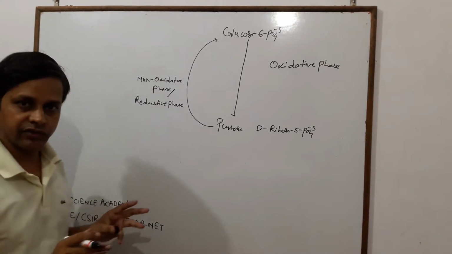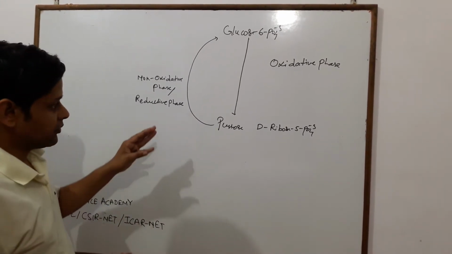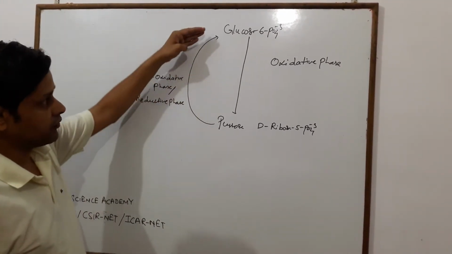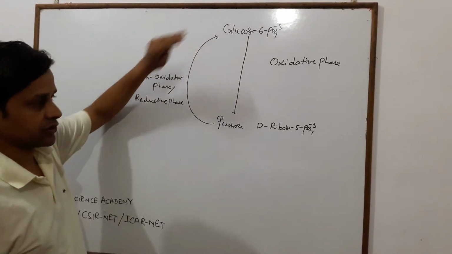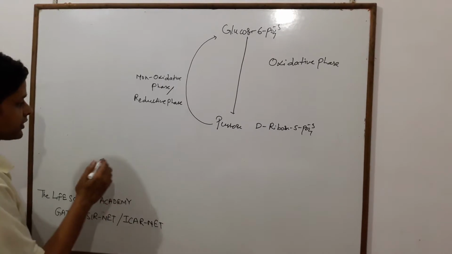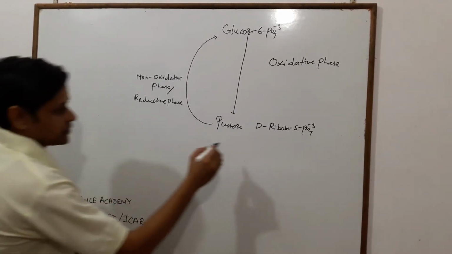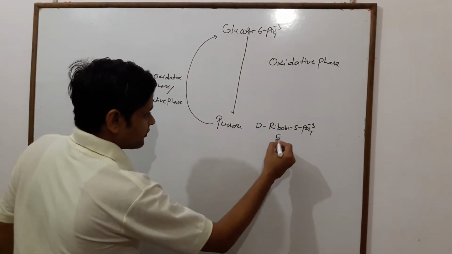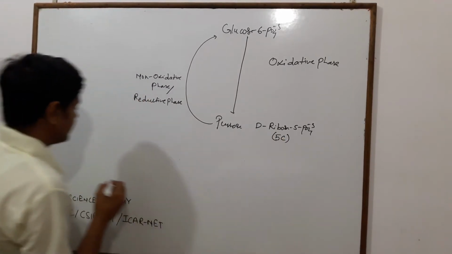What derivatives are involved before forming glucose 6-phosphate? First of all, ribose 5-phosphate is a 5-carbon sugar.